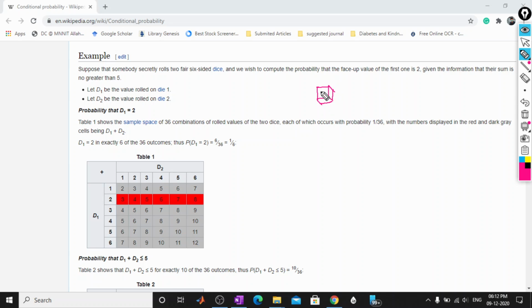A dice has a simple structure like that. Each side has a count: 1 on one side, 2 on another, 3 on another. So there are 6 sides with 6 values.